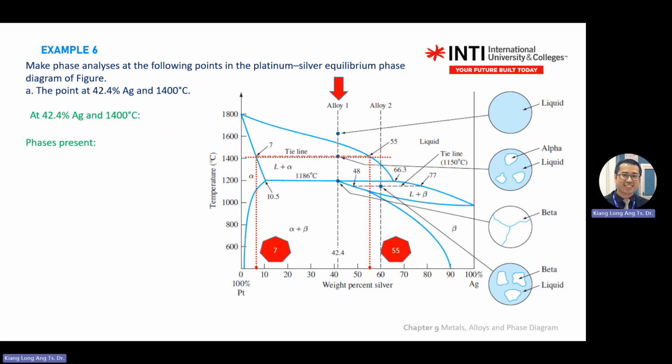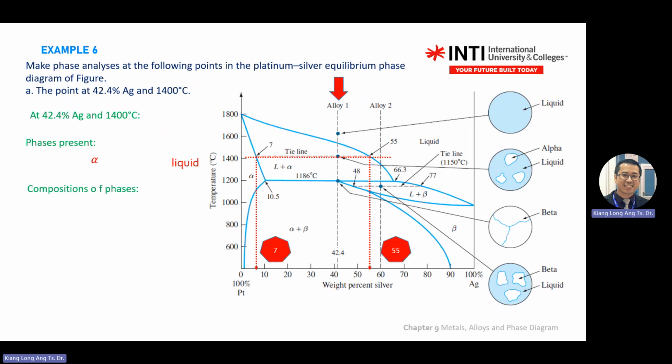Okay. So A, 42.4% Ag at 1400 degrees C. First, phases present: you have two phases there. Alpha, solid, and liquid on another side. Alpha is over here. Liquid is over here. Then the second line in the template, composition of the phases.